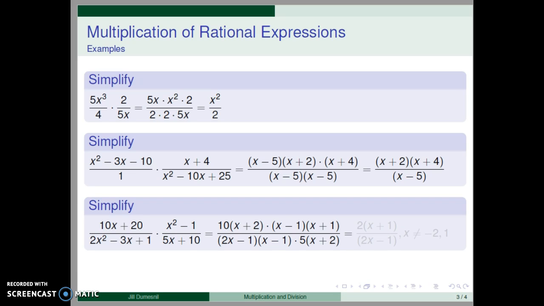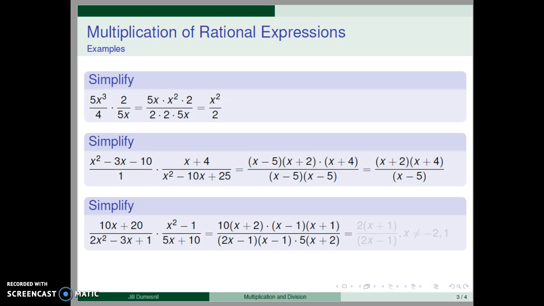In the denominator, we write 2x squared minus 3x plus 1 in factored form, 2x minus 1 times x minus 1, and factor 5 out of 5x plus 10.